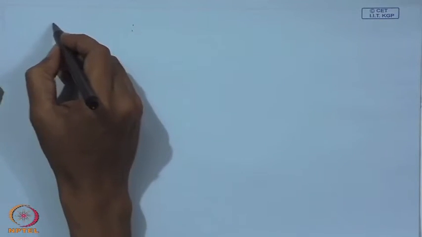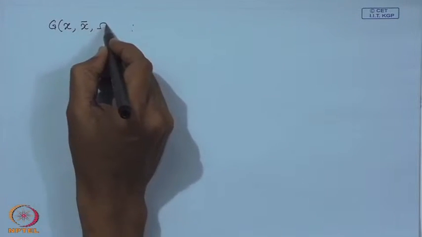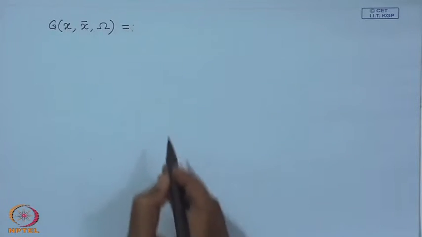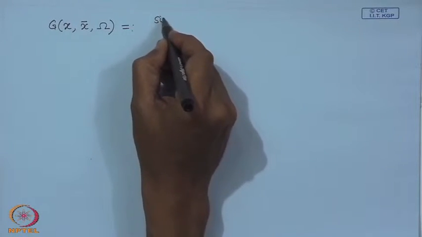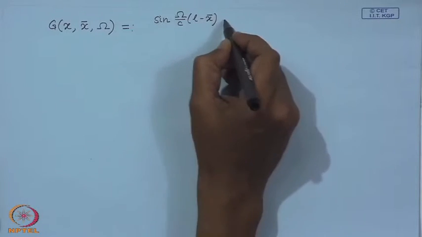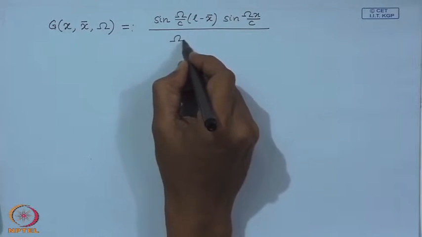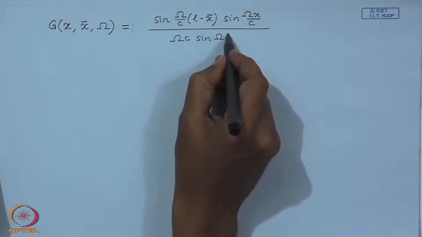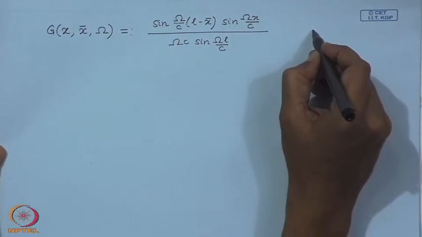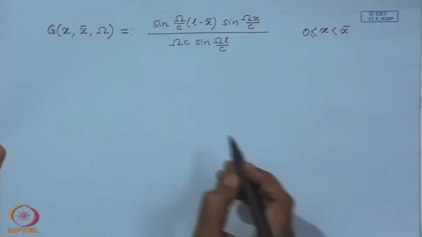If you use these 4 conditions and solve for these unknowns, and finally put them in the Green's function, then what you obtain is this, when x is between 0 and x bar.